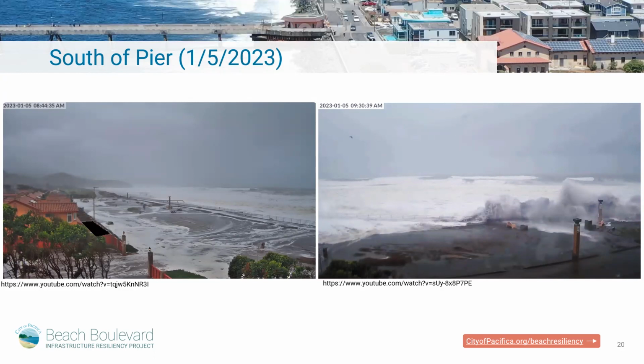But for this particular event on January 5th, given the direction of the waves for that storm, the size of the waves and the height of the water level, we had a lot of overtopping down there. And you can see it from these pictures that were taken from webcam footage, showing these waves breaking up and over the seawall south of the pier and contributing to the flooding.